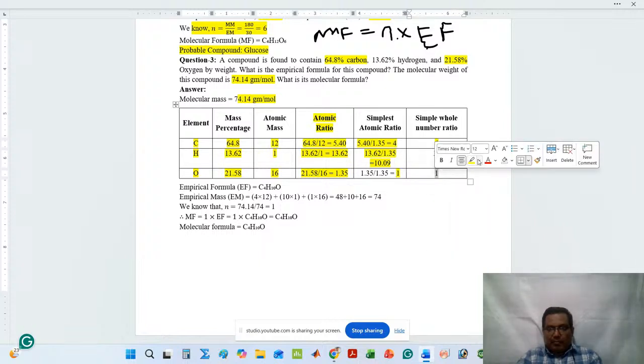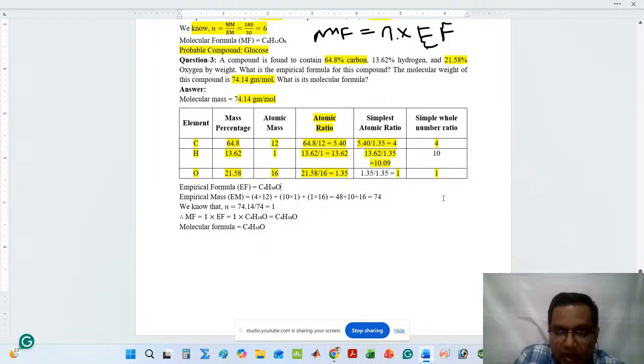The simple whole number ratio is how much? 4, 10, 1. 4 belongs to carbon, so here I can write C4. 10 belongs to hydrogen, so here I can write H10. 1 belongs to oxygen, so here I can write O1, or you can simply write O. So the empirical formula is C4H10O.